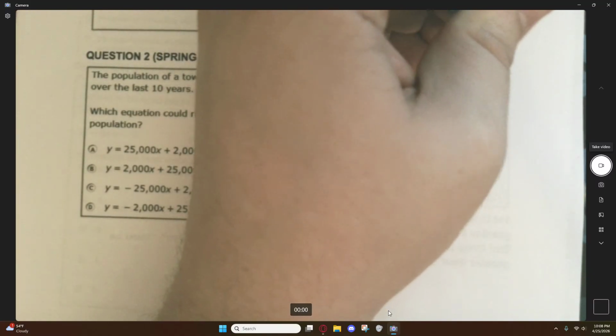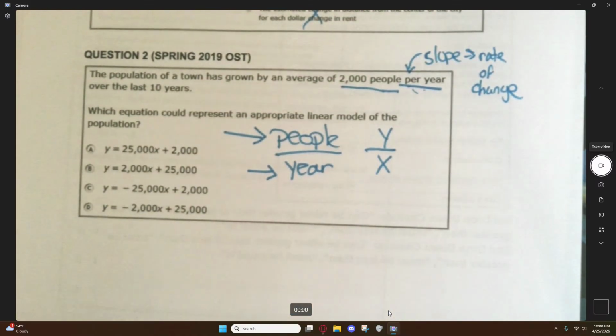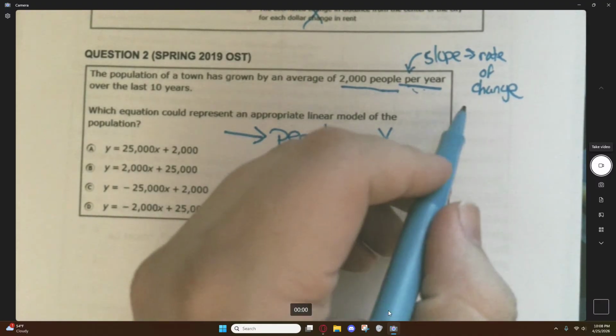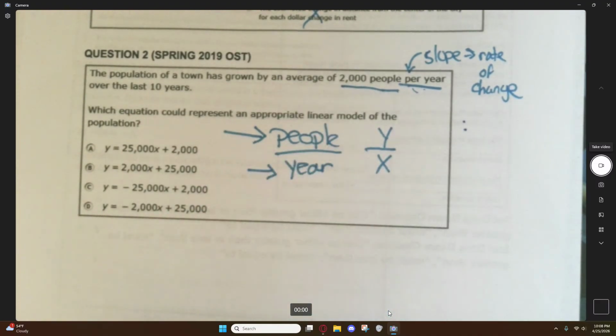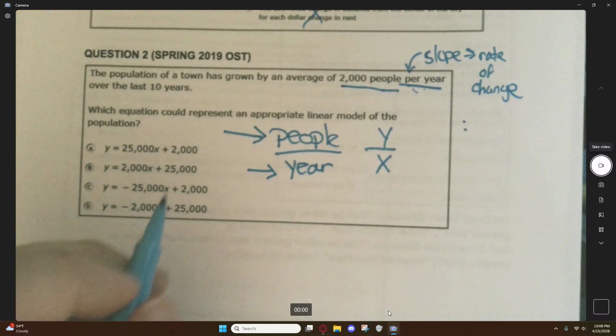When you see per, you think of slope, or you think of rate of change. So the 2,000 people represent your rate of change, which is your slope, which means that it's going to be right next to a variable. So we're looking for an answer that has a 2,000 right next to a variable.